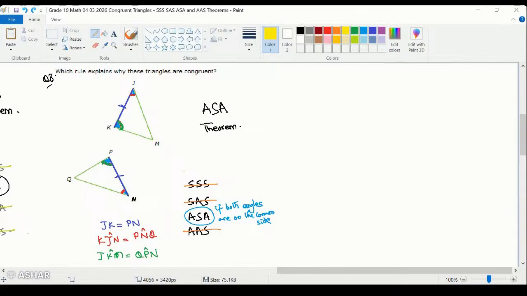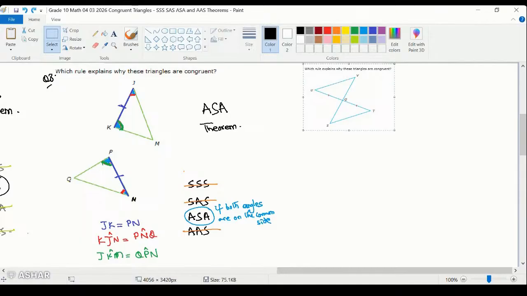Question number 9. Let's look at another example. For the next question, it says, which rule explains why these triangles are congruent or not? We are looking at both the options, whether they are congruent or not.